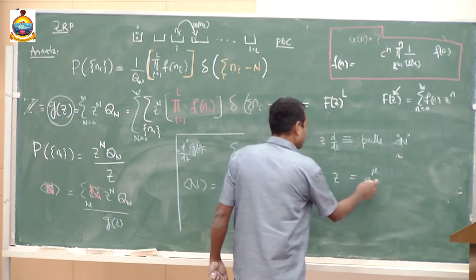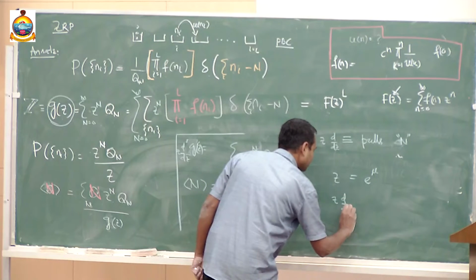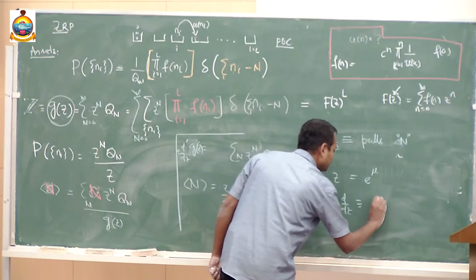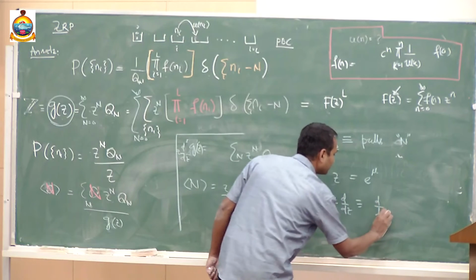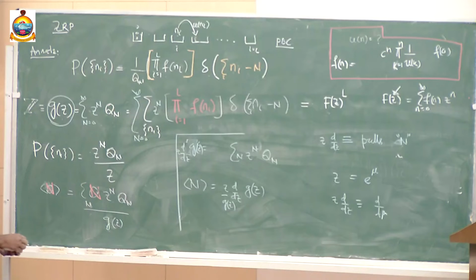Check that z d by dz is equivalent to d by d mu. This is notationally simpler.